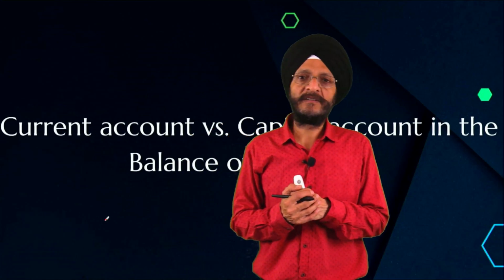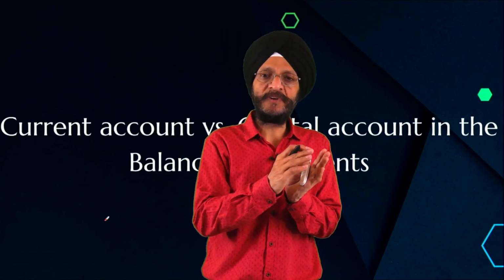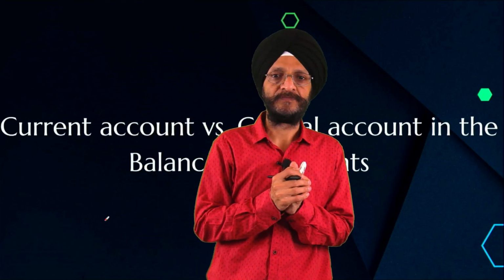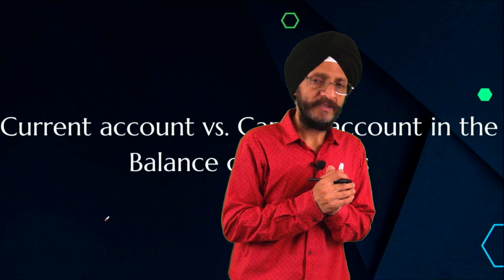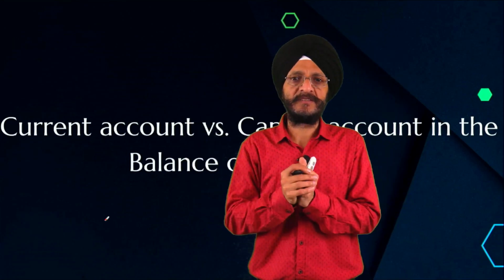We have already learned that balance of payments is a systematic record of all the economic transactions which take place between the residents of a country and the rest of the world during a specific period. What it means is that in the case of balance of payments, we record many transactions.